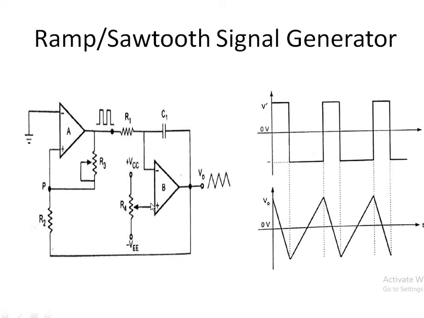The only difference is that here the non-inverting terminal input is varied, and depending upon the value of the input available here, the rising time or falling time is decided. When it is negative, the rising time will be higher. When it is positive, the falling time will be higher. Okay, so this is the ramp or sawtooth signal generator. Thank you.